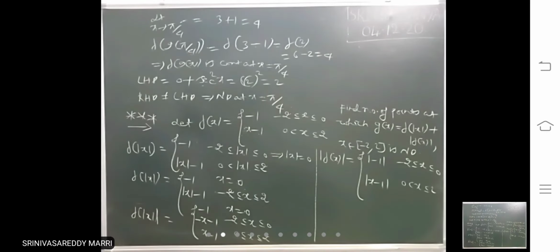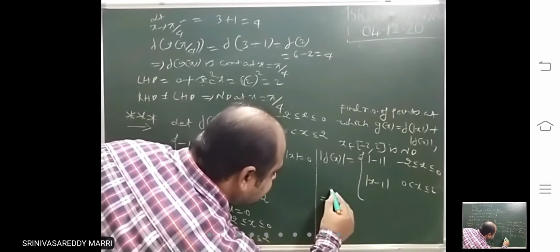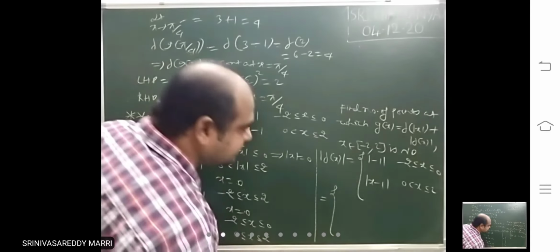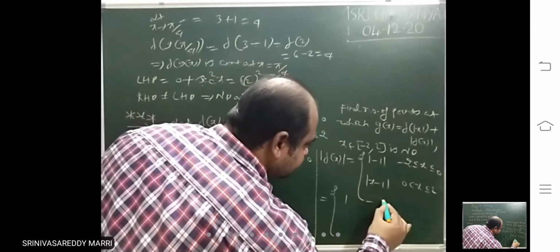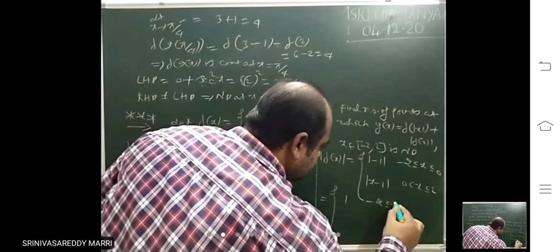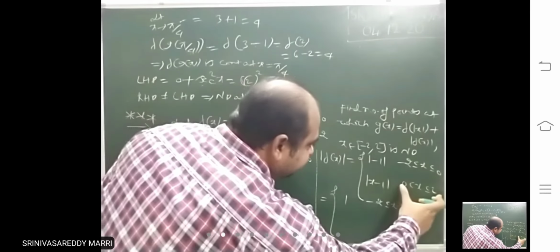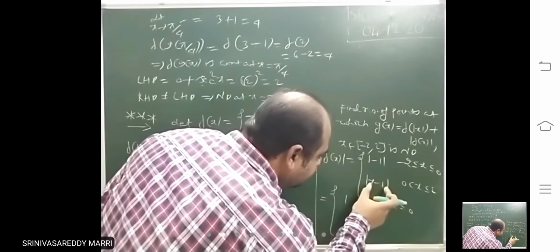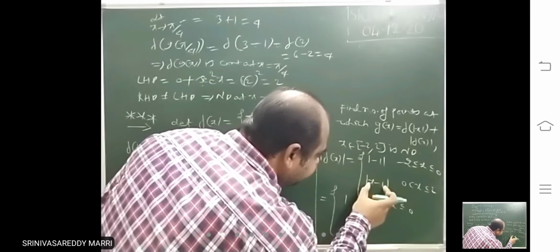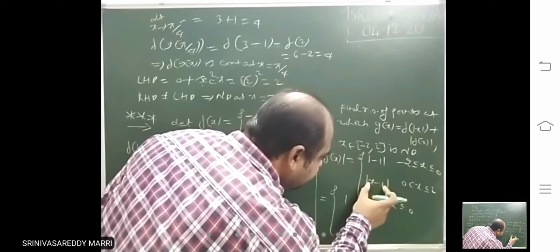Now again, let us write the clear definition by opening the modulus. So this is 1. Now look at, if x is lying between 0 and 2, if x is less than 1, it will be negative.